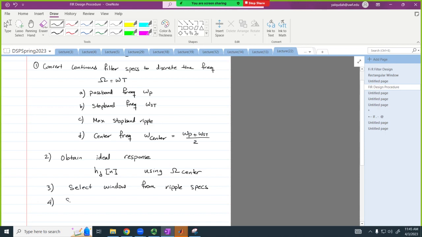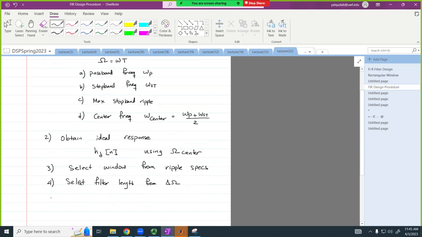Then we're going to select the filter length from delta omega. And then we're going to apply the window to the ideal HD of N. And we're going to shift by N minus 1 over 2 to make it causal.